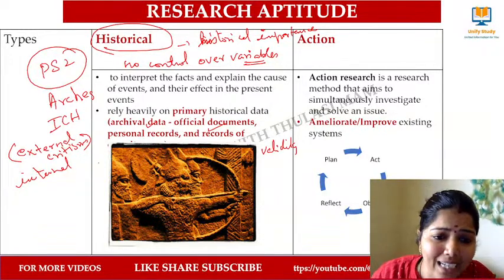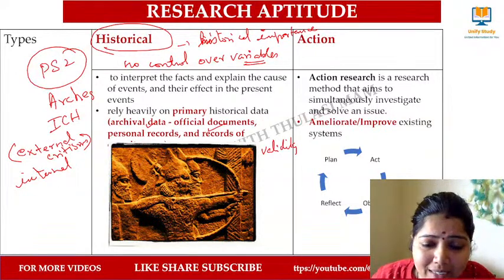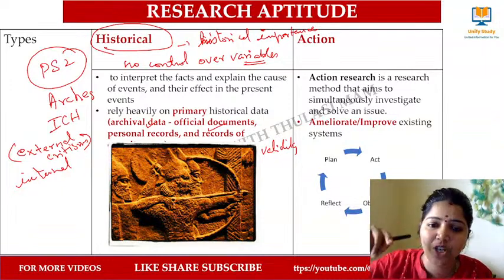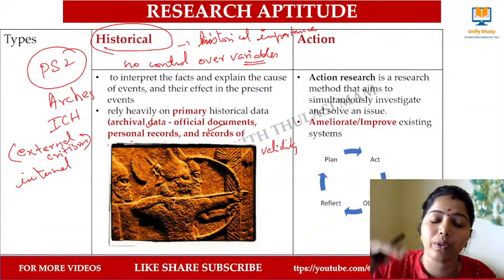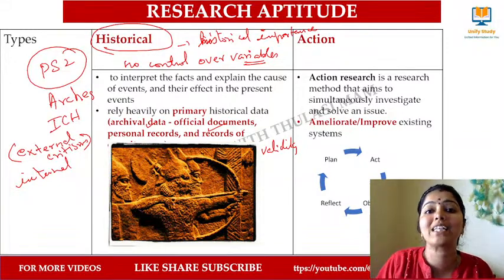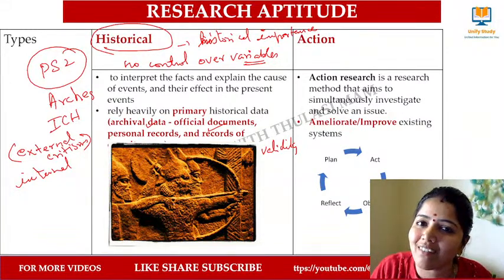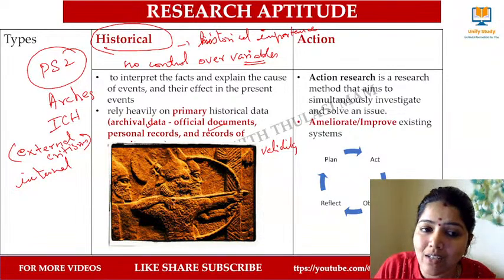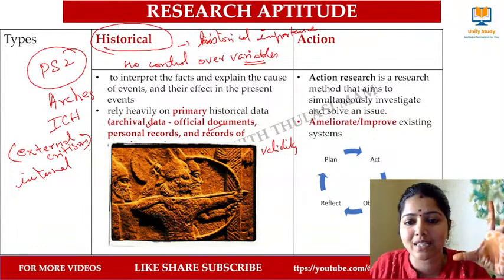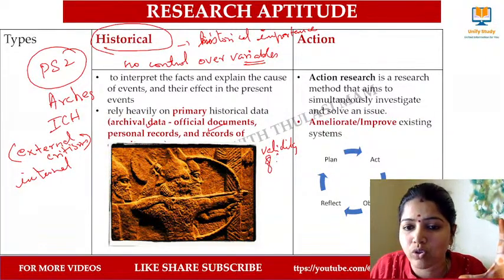Okay, and internal criticism means what? Seeing this picture, I have to be able to understand with what intention they drew this image. With what intention they sculpted this thing, we are supposed to be able to explore, and that we call internal criticism. So what is external criticism? In historical research, external criticism is the validity of the source.